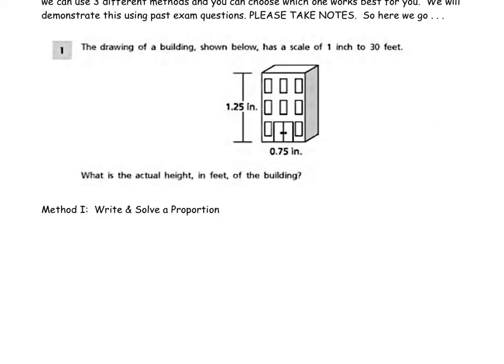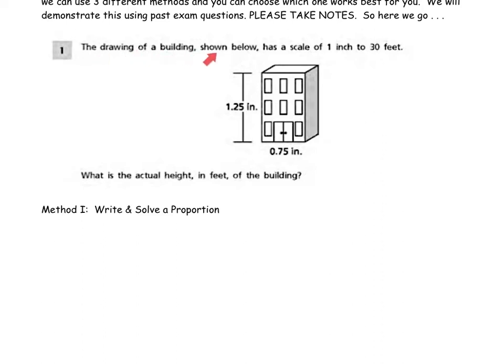So this lesson is going to focus on finding the actual or the real measurements given the scale or model measurements. And we're going to show 3 different methods how to do it. And you can choose then on your practice problems just one of the methods, whatever is best for you.